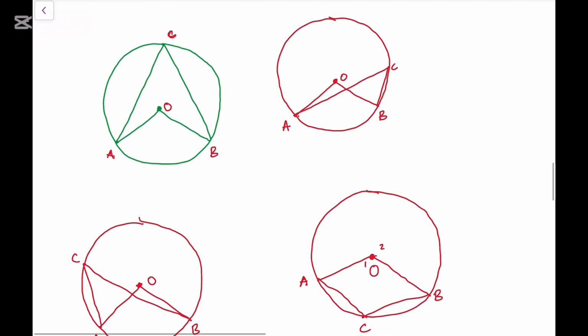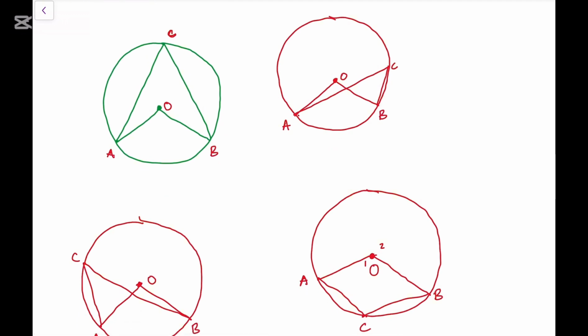So under center, theorem number 2 says, if an arc subtends an angle at the center of the circle, you can see here we have this is our arc AB.